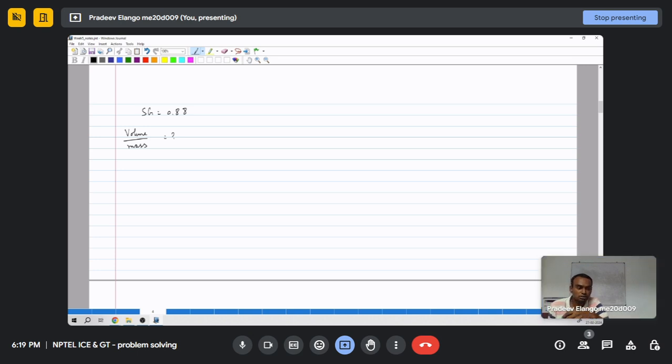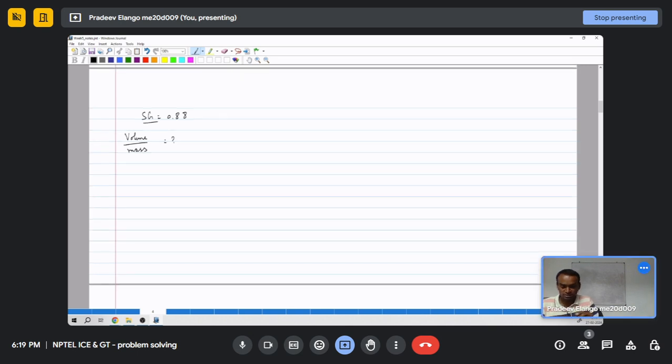Sorry, specific volume. But we know only specific gravity, no? What is specific gravity? Density? Density of what?